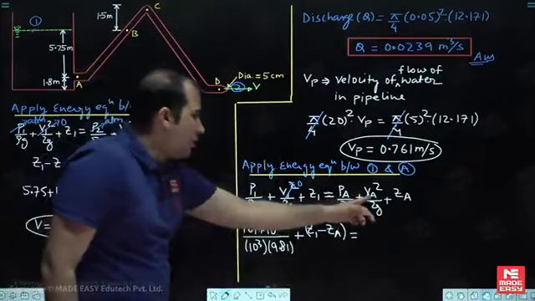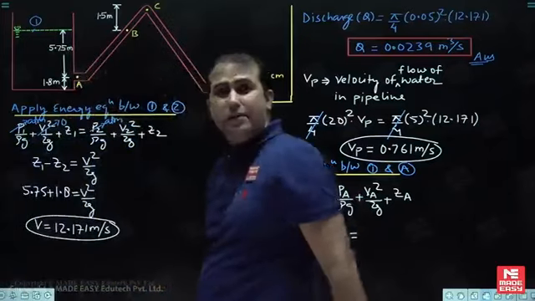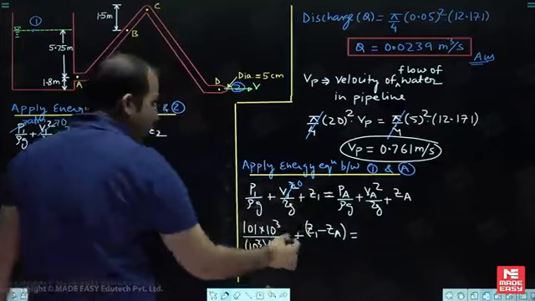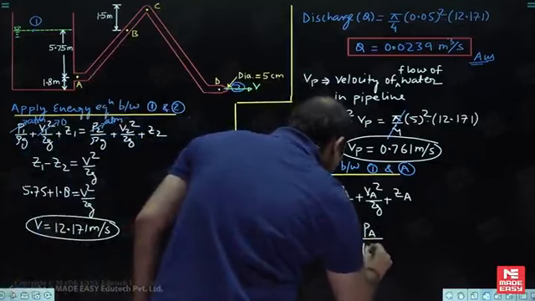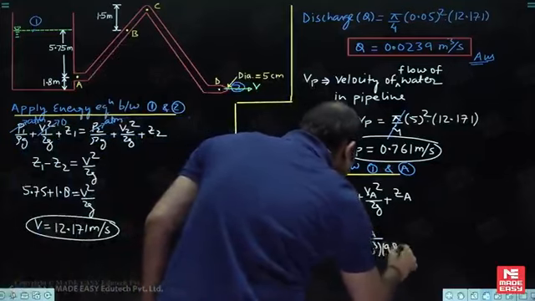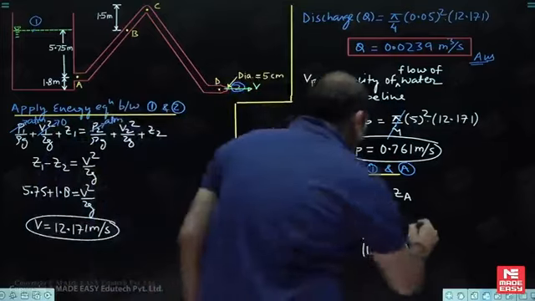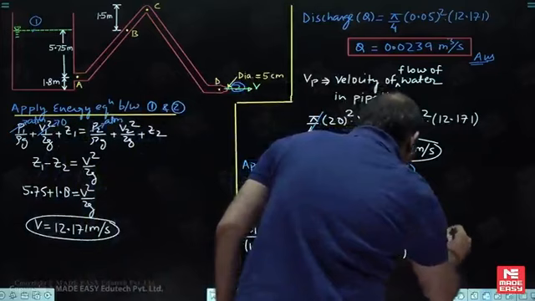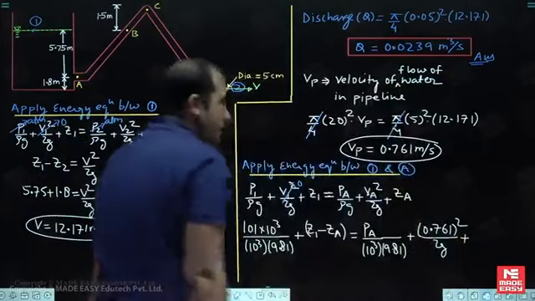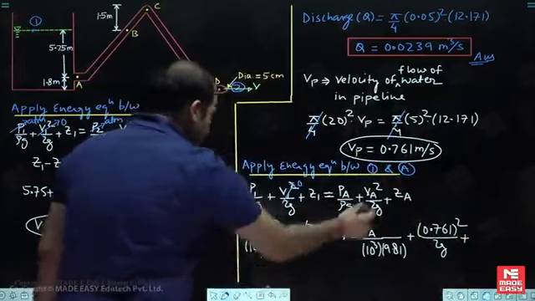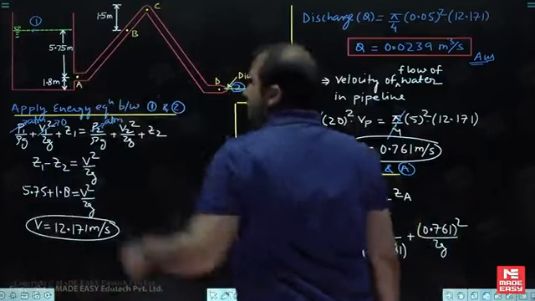Okay, VA, velocity at A is same as the velocity in the pipeline. So this is PA by rho g, 10 to power 3 multiplied by 9.81, plus VA square, that means this is 0.761 square divided by 2g plus, my dear, this is ZA. ZA we have taken here, so that means no need of this. So this value Z1 minus ZA, this is 5.75.